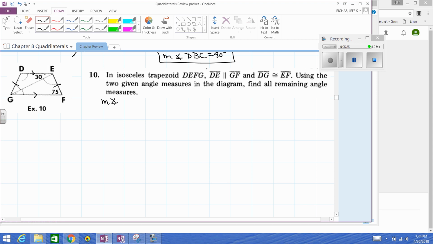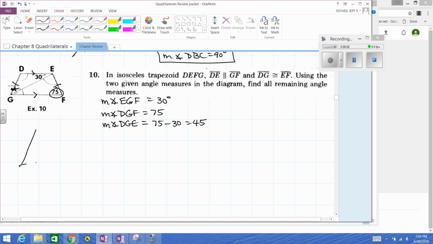So we should get the measure of angle EGF is 30 degrees. Now let's get this top part. So basically, this 75 and this whole angle, the measure of DGF, is 75. So then the top of that, the measure of DGE, that's going to be 75 minus 30, 45.